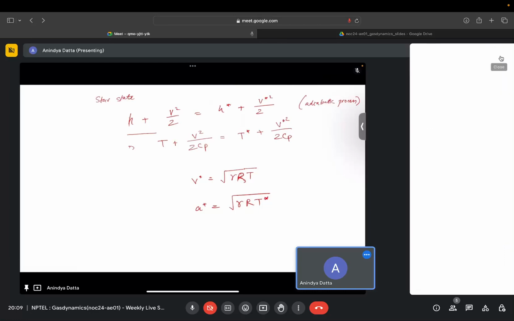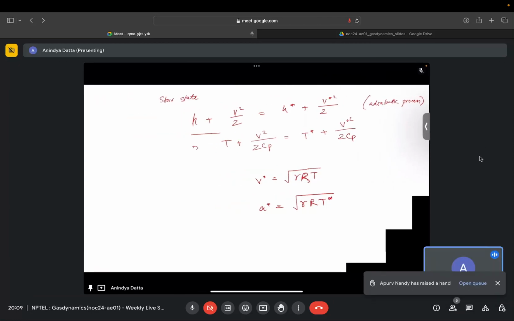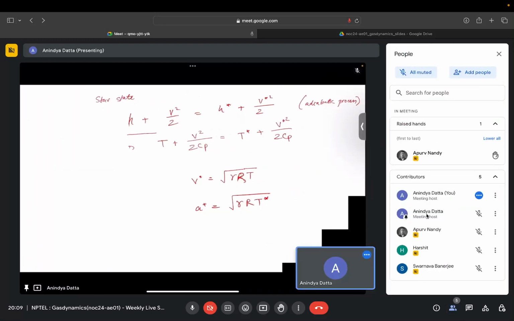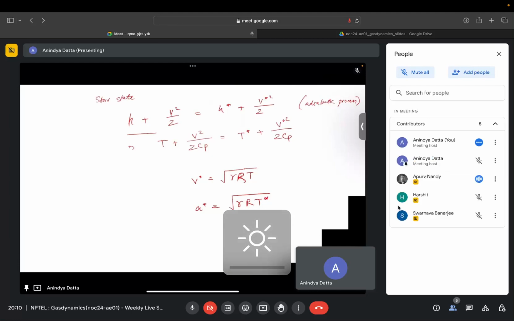Okay, any other doubt? Yeah, Apur, go ahead. So it's from lecture number 18. What is it about? Or just what is the content of the lecture? Sir, it is about weak shock limits. In that lecture, firstly, strong shock limit was discussed, and just before that, Hugoniot relations, and then the weak shock relation was discussed.